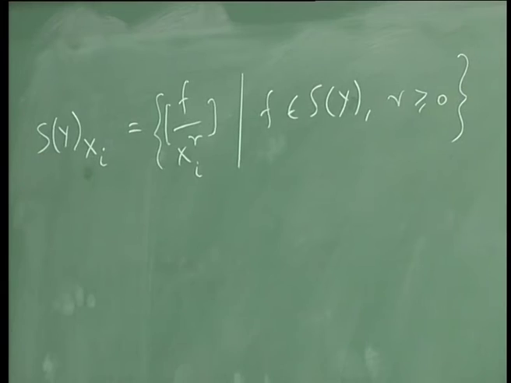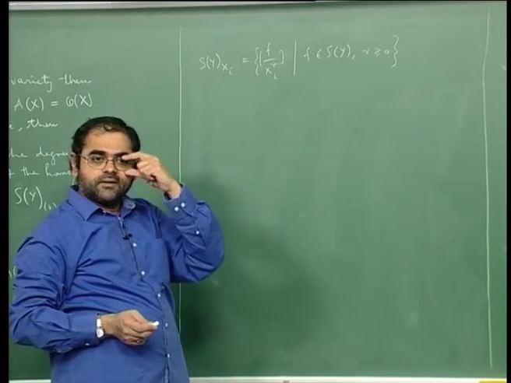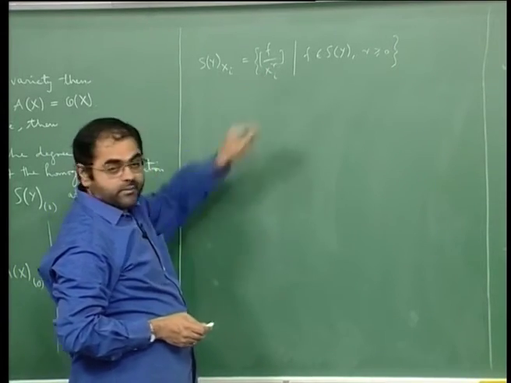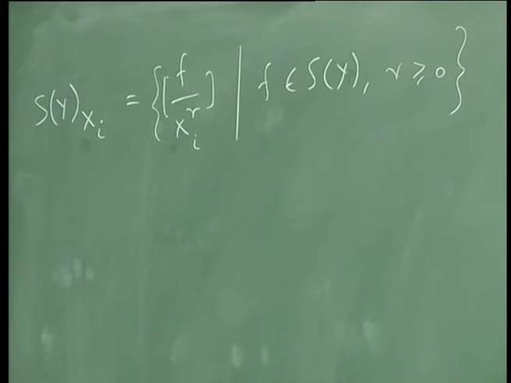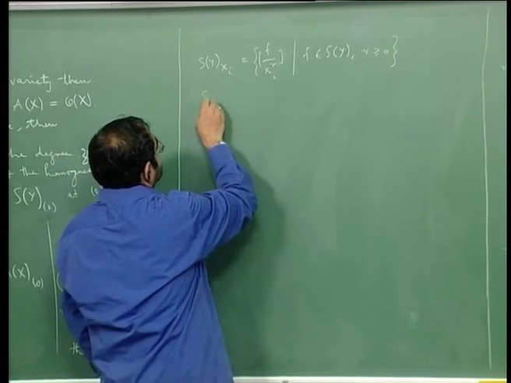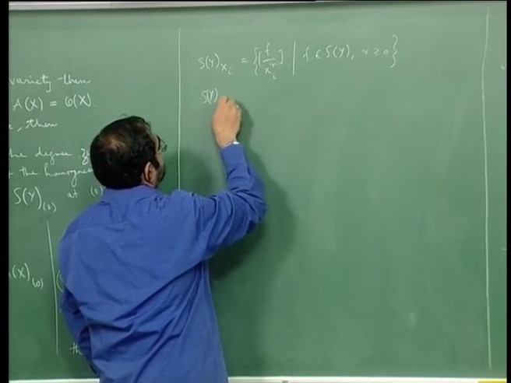S_y localized at x_i is just inverting x_i. Inverting x_i means you are allowing denominators with positive integral powers of x_i, right? And what is S_y x_i localized at 0?